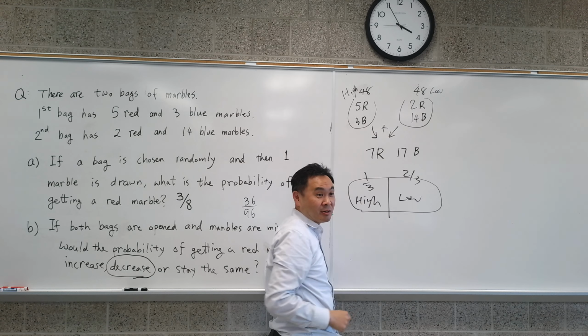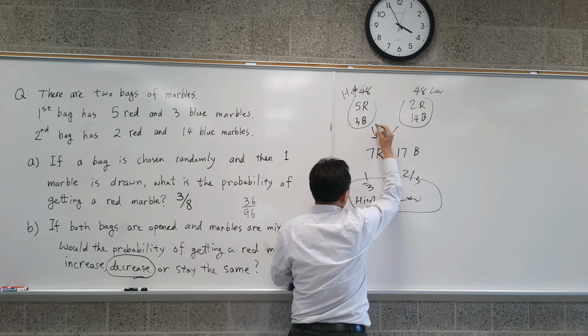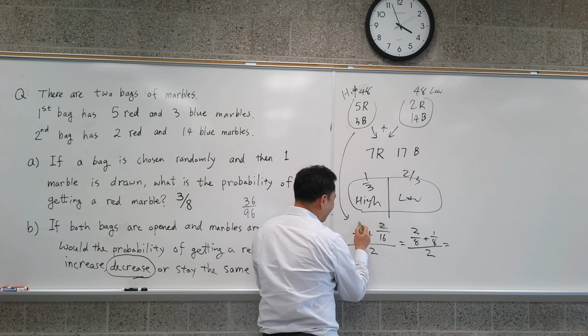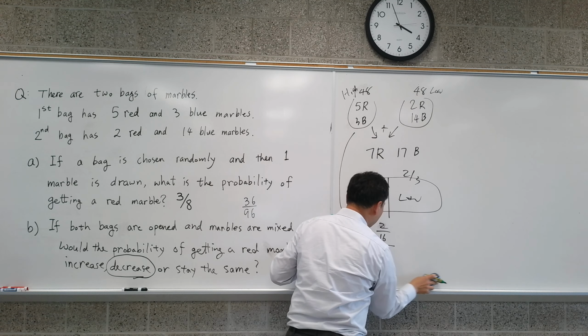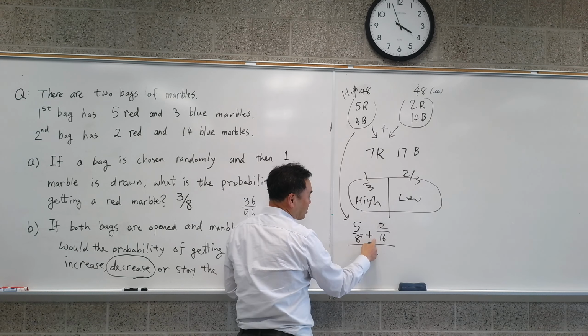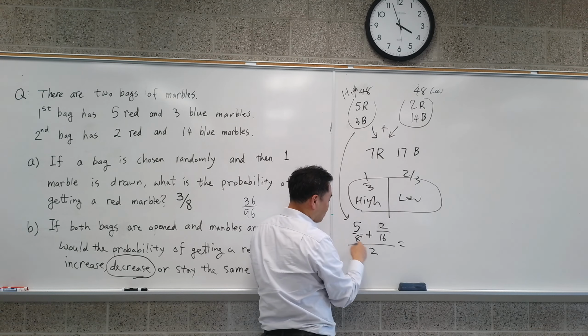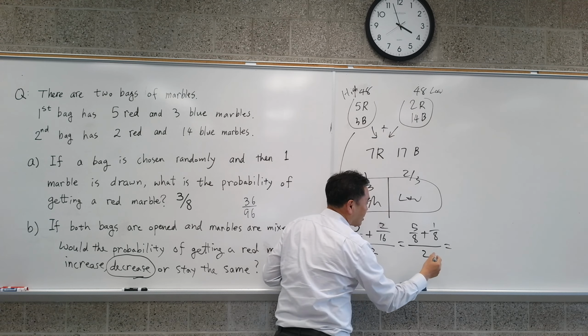But this one has a lower probability. So if the first one was taking just the average of the two probabilities, 3/8 plus 2/16 divided by 2... You can think of the first one as the high bag is 5 out of 8, and the second is 2 out of 16, and first randomly choosing one is like taking the average of the two. 2 out of 16 reduces to 1 out of 8, so it's 5 out of 8 plus 1 out of 8, which is 6 out of 8.